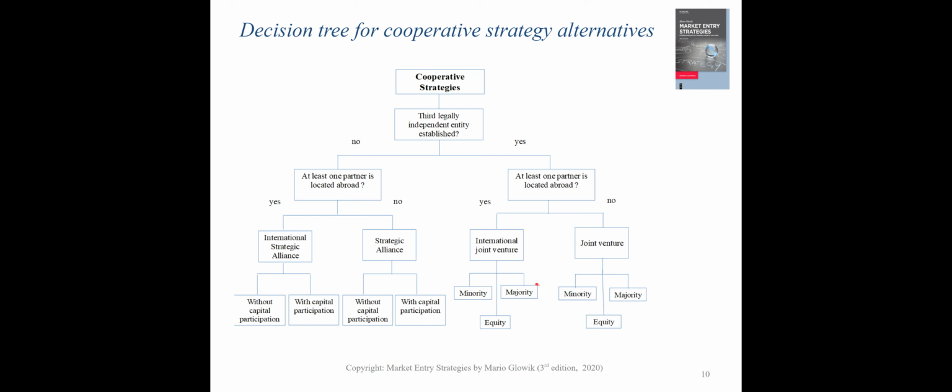That means that partner holds, for example, 51 and more percent. And that's why, depending on the equity ratio, depending on the investment, we distinguish in between minority, majority, and equity joint venture. And depending on the investment, the partners have different decision power in that joint venture.